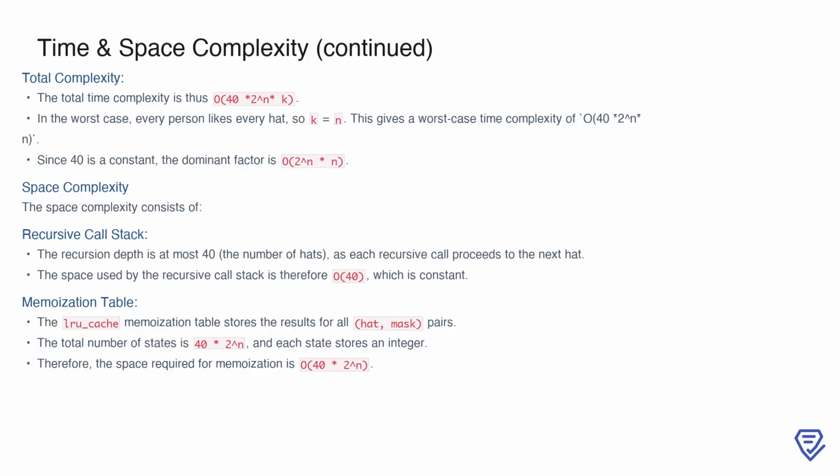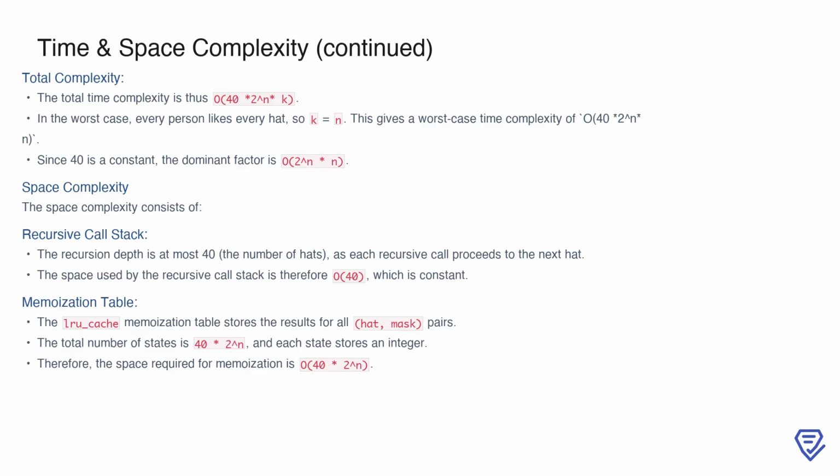Since 40 is a constant, it doesn't affect the dominant factor, so the overall time complexity simplifies to 2^n * n. Turning to the space complexity, we first consider the recursive call stack. The depth of recursion is limited to 40, as each recursive call corresponds to a specific hat. Therefore, the space used by the stack is 40, which is constant.